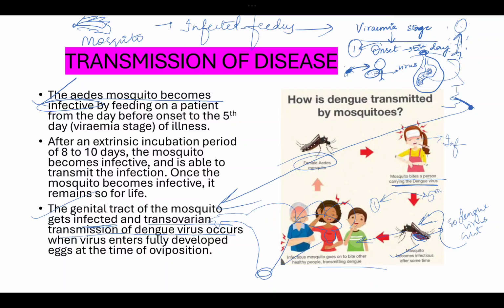Trans-ovarian transmission occurs from the mother, it enters into the eggs, and when the eggs hatch, the mosquitoes are already infected with dengue virus. Is it clear?